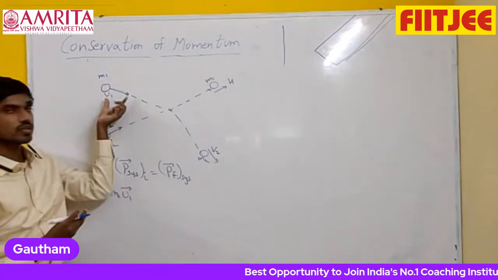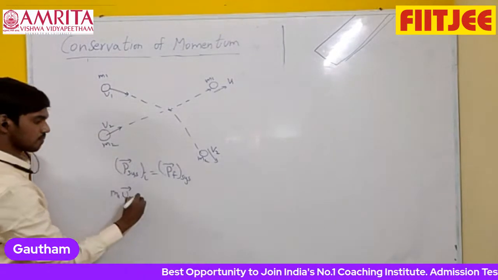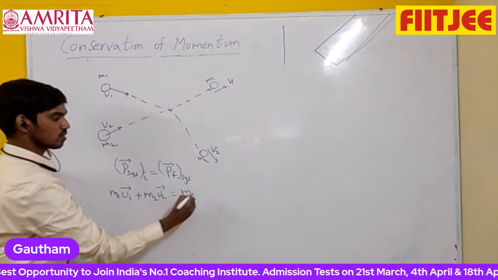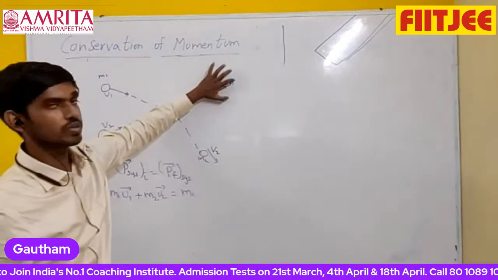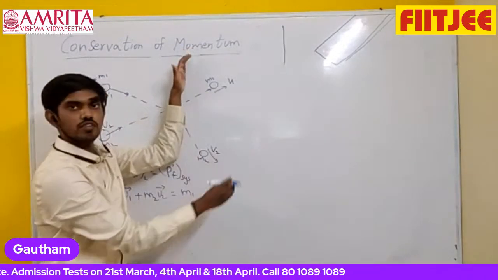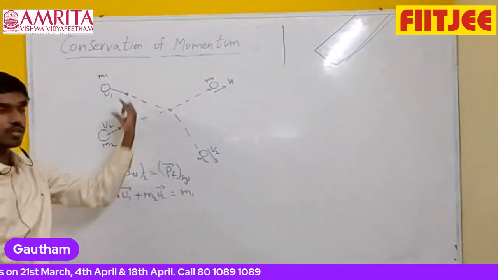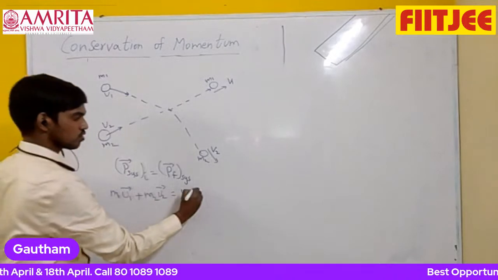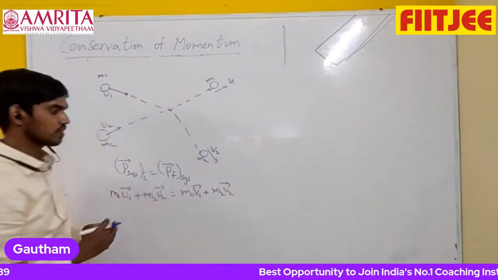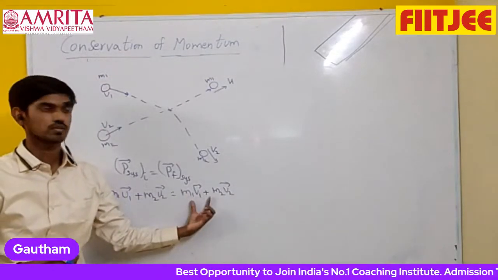So m1 u1 vector plus m2 u2 vector is equal to the final momentum of the system, that is, the final momentum of the first body plus the final momentum of the second body. After collision is the final momentum, before collision is the initial momentum. So m1 v1 vector plus m2 v2 vector. Here, resolution of vectors is important.